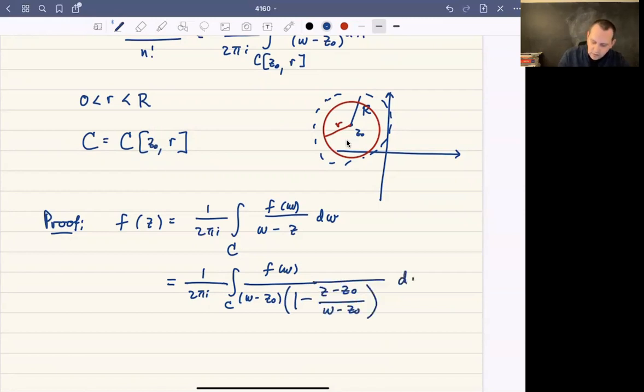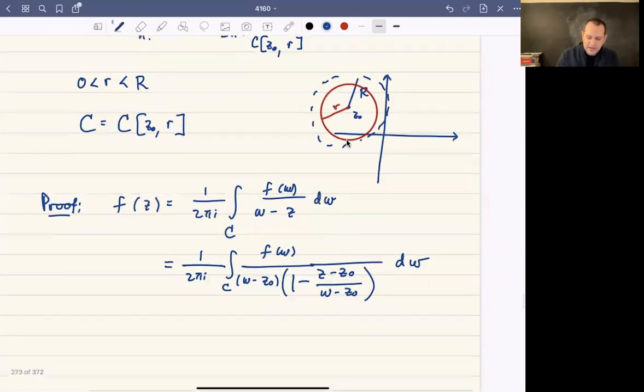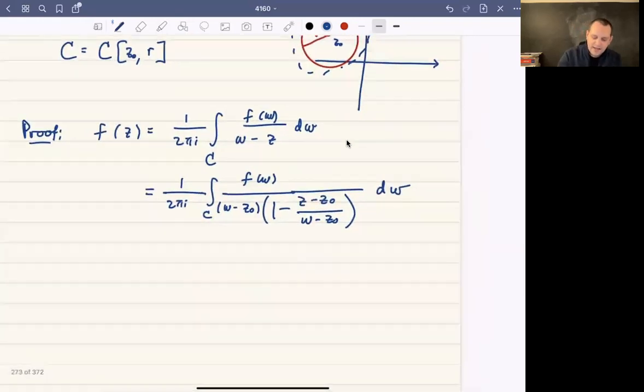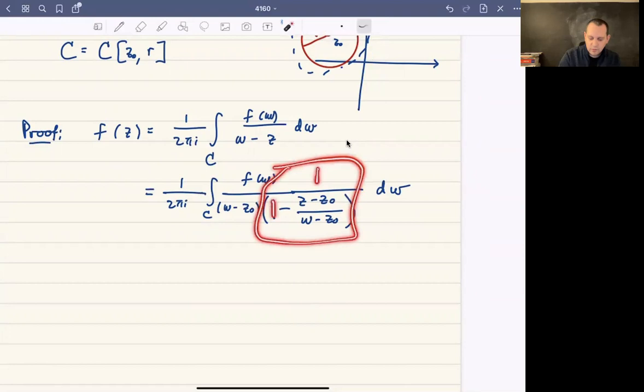If you just do the algebra, this complicated looking denominator turns out to be w minus z. You end up with w minus z naught minus the quantity z minus z naught, so the z naughts cancel, you get w minus z, everything is fine. But I'm going to think of this as f of w over w minus z naught times 1 over 1 minus whatever this quantity is.